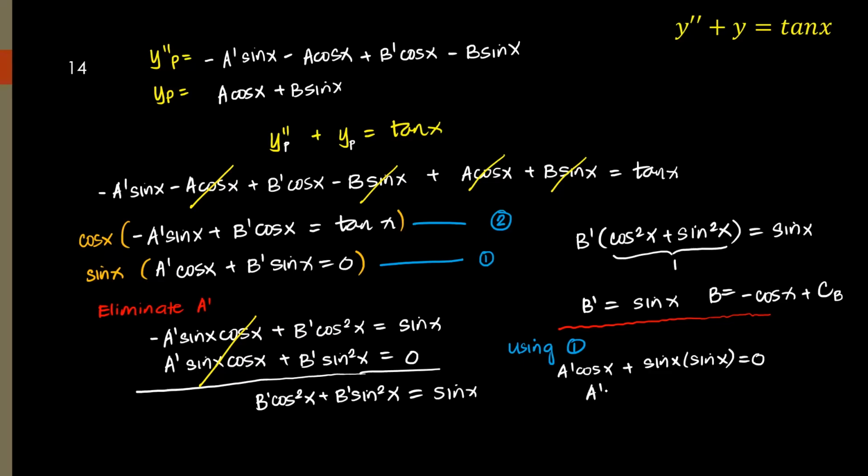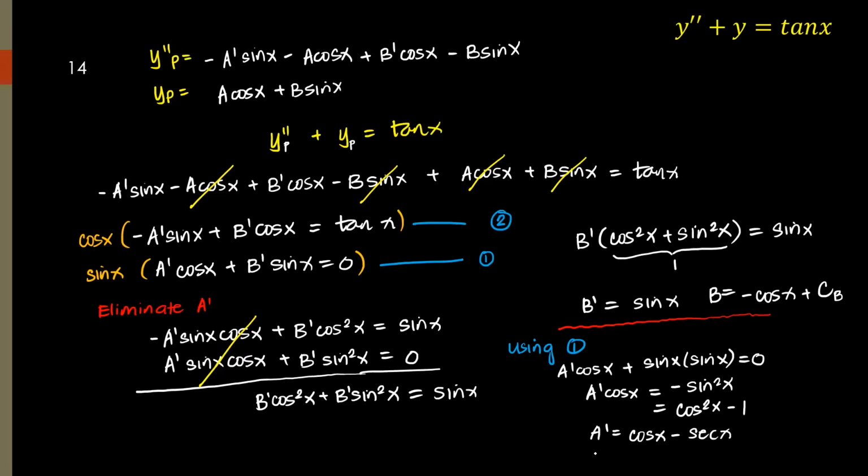So a prime cos x is actually negative sine squared of x. And sine squared of x is actually 1 minus cosine squared, so this becomes negative, cosine squared x minus 1. Therefore, a prime is actually cosine squared x minus 1 all over cosine. So this is simply cosine of x minus secant of x, but that is a prime.